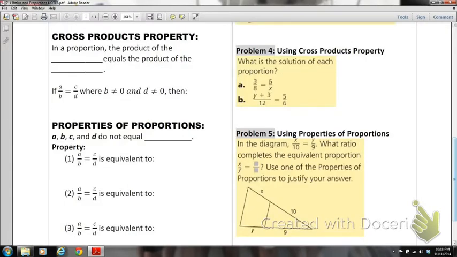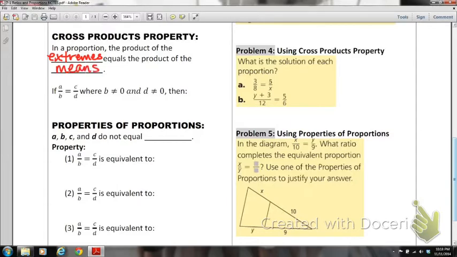So now let's look at some properties of proportions. The cross product property, once again, you should have already been using this for quite some time in algebra and in math. But what it states is that in a proportion, the product of the extremes equals the product of the means.